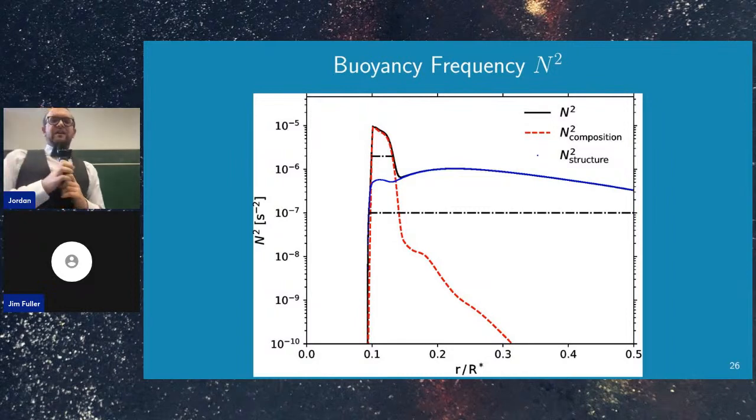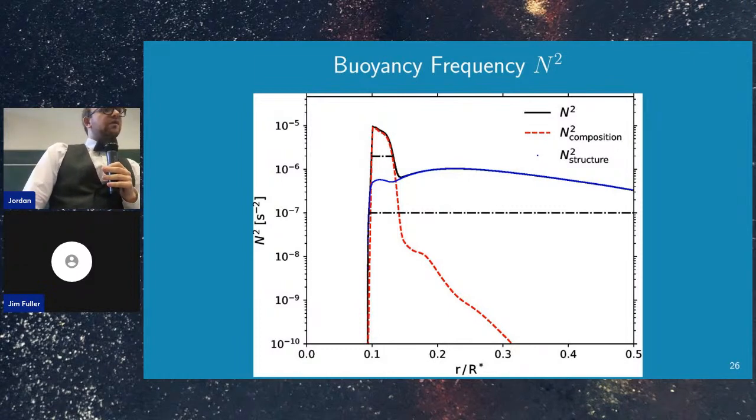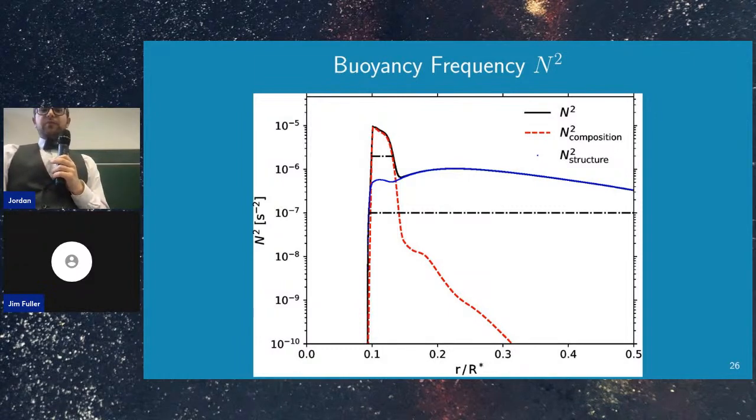This is quite important because it determines the maximum frequency at which you can expect a gravity mode to propagate inside your star.